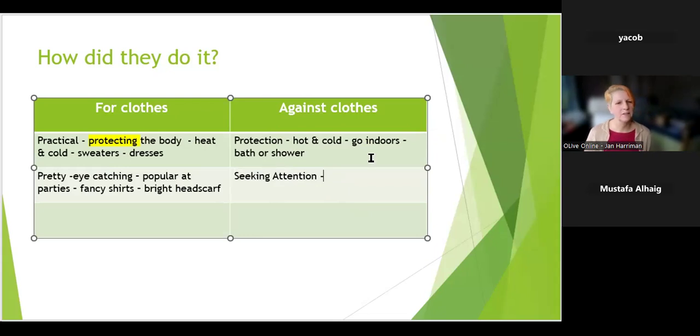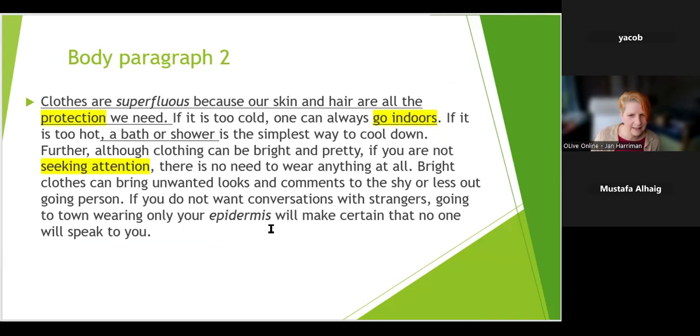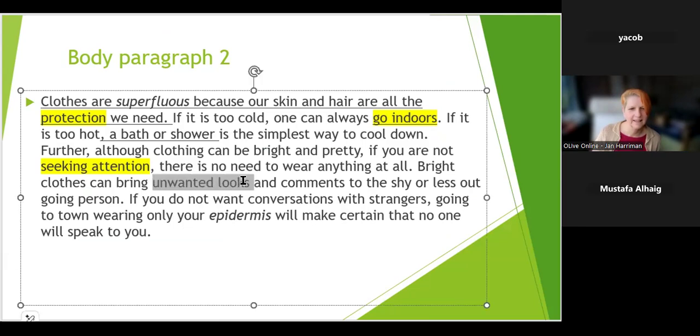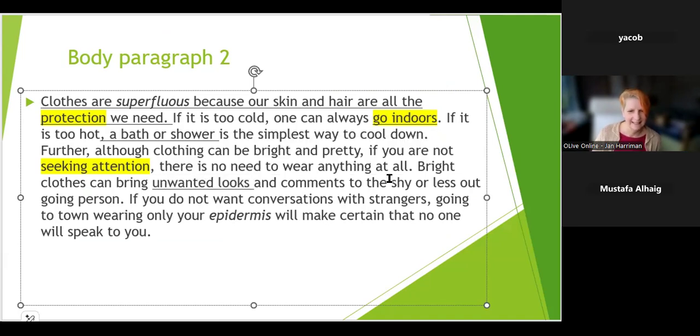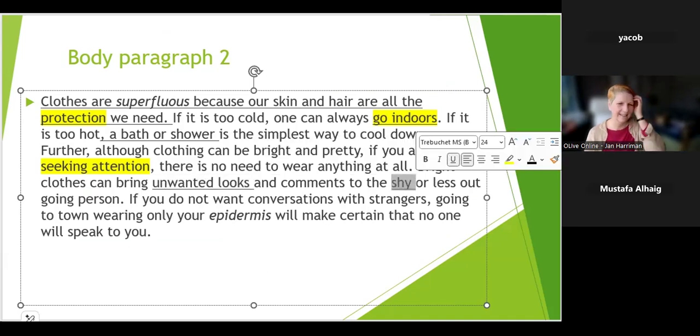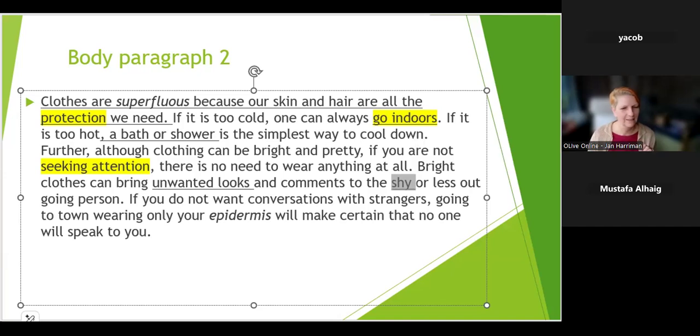So if you're seeking attention, what do bright clothes do? It brings other unwanted looks and shy. Yes, exactly. Exactly. There we go.